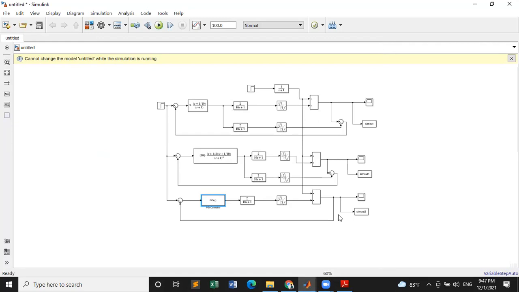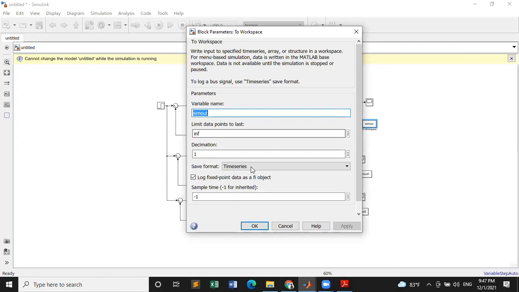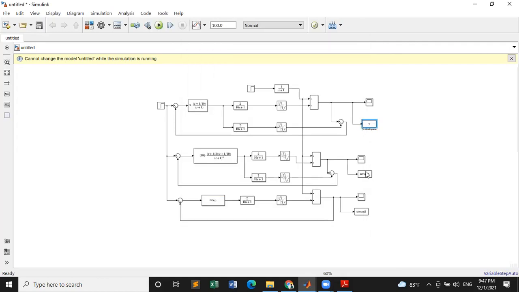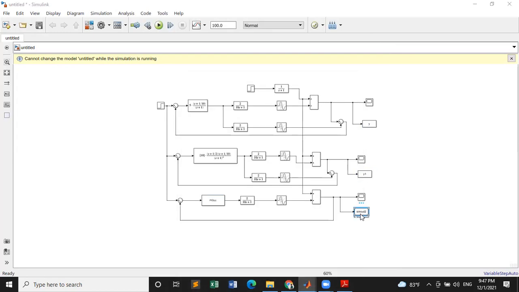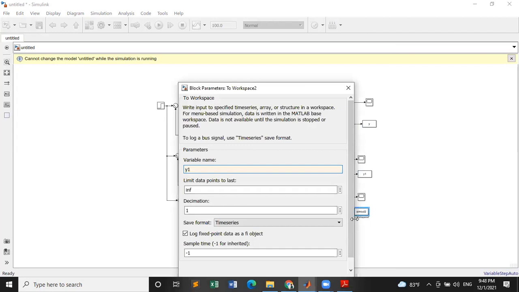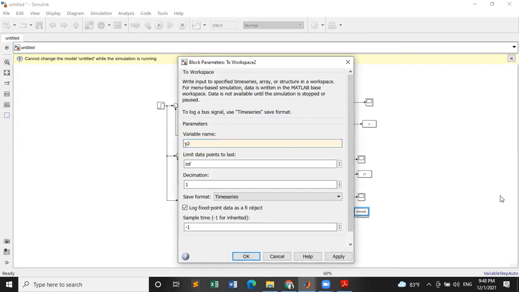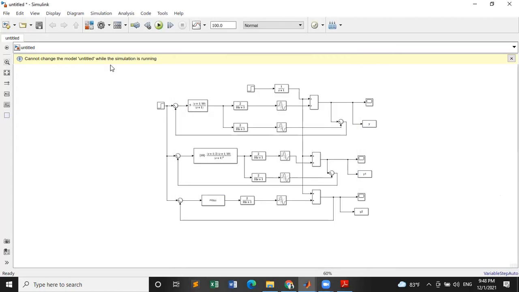So yeah. Okay, now we have updated the system, right? So now we'll try to plot all the graphs together. To plot all the graphs together, we'll get these outputs as y, y1 and y2. And we need a clock, right?